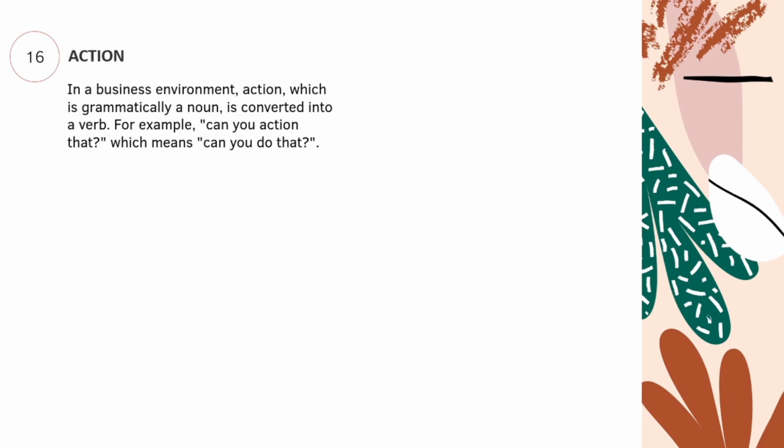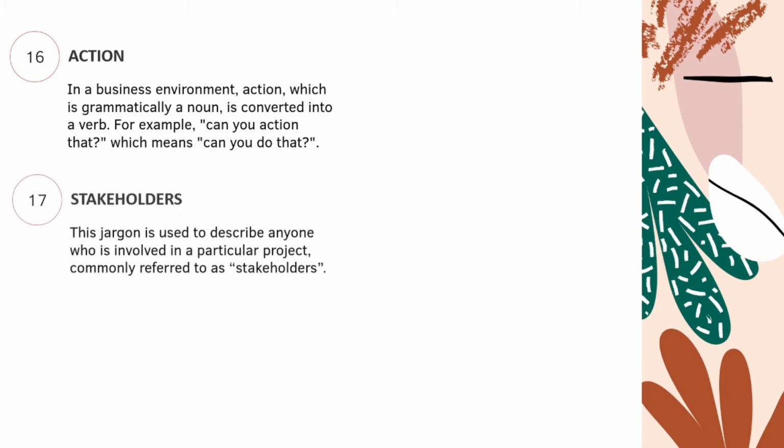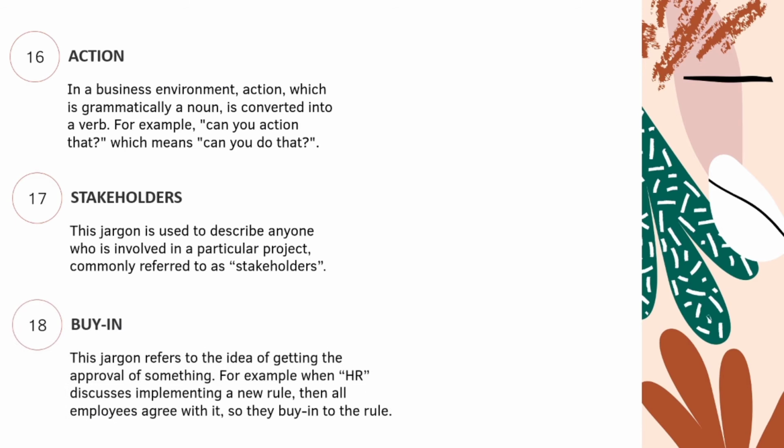For example, can you action that? Which means, can you do that? Stakeholder. This jargon is used to describe anyone who is involved in a particular project. Buy-in. This jargon refers to the idea of getting the approval of something.